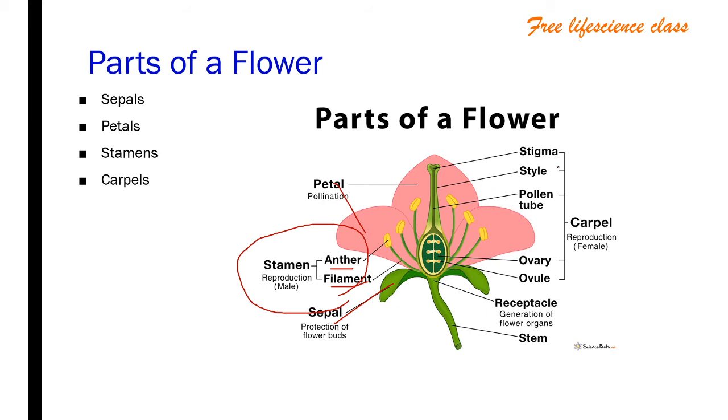Then about carpel. Carpel consists of stigma, style, pollen tube, ovary and ovule. This portion is called the receptacle, that means where the flower organs generate, and this is the stem.